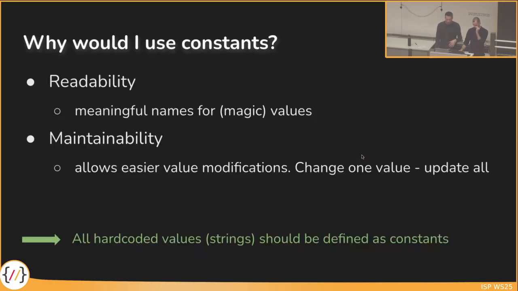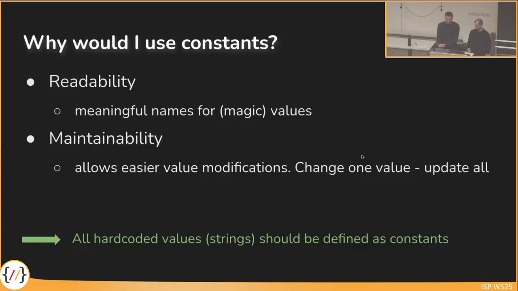And you can maintain your program more easily because you just have to change the value at one position to have it changed everywhere in your program where you use these constants.